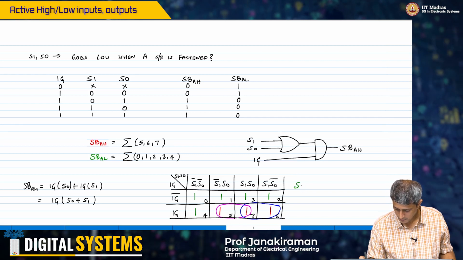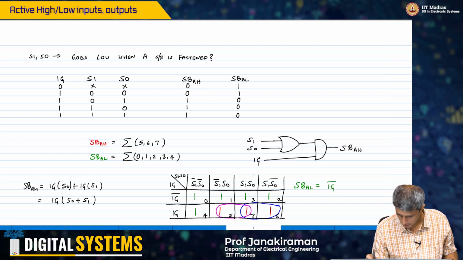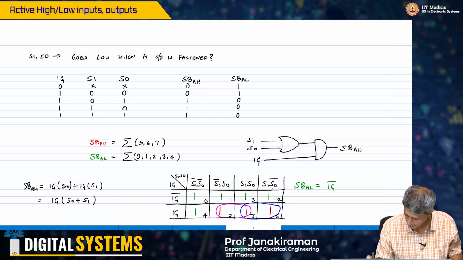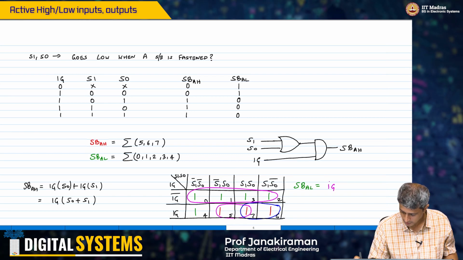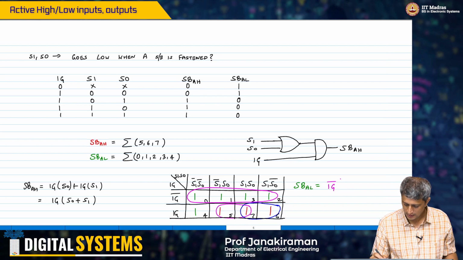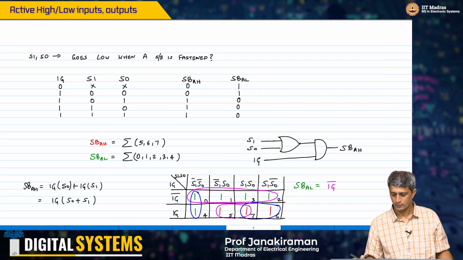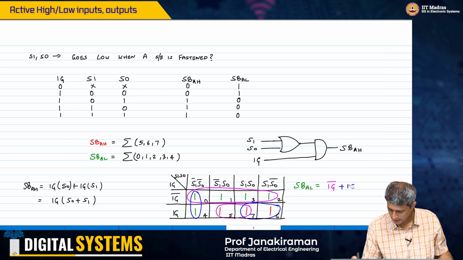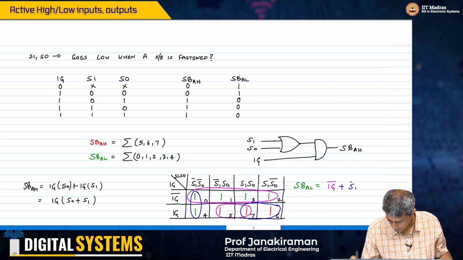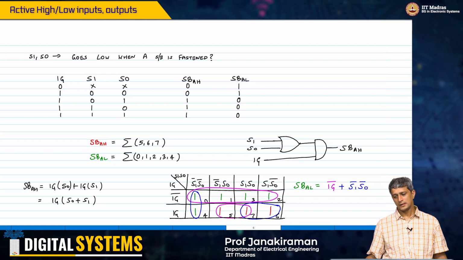Okay. Now the green case is the following. SBAL is IG bar, because I'm going to go through this guy. Okay, IG bar, and then of course I'm going to plus, IG does not matter, it is S1 bar, S0 bar, right?